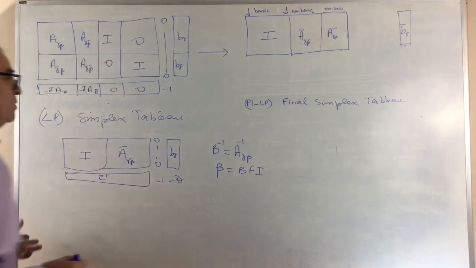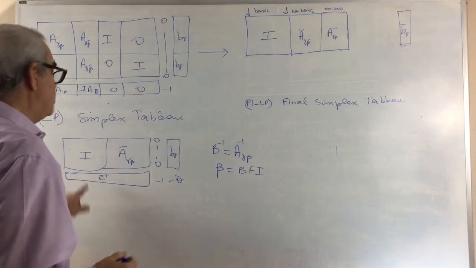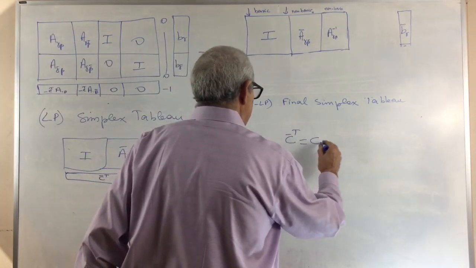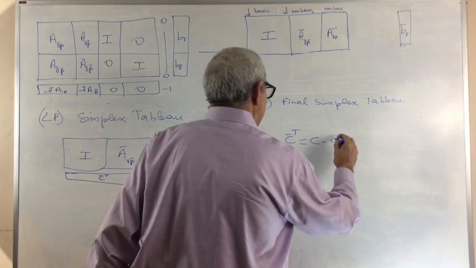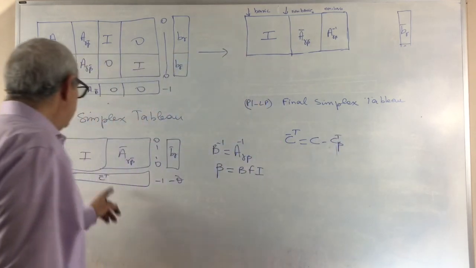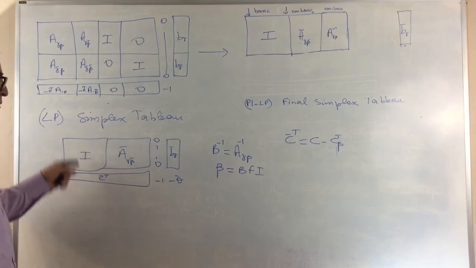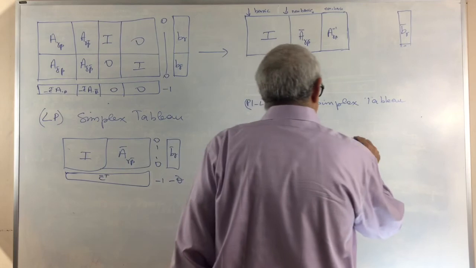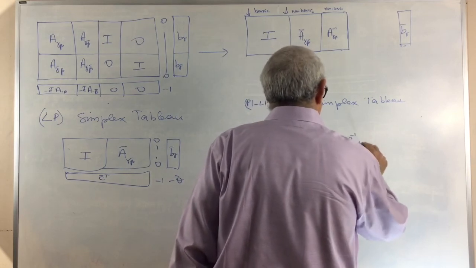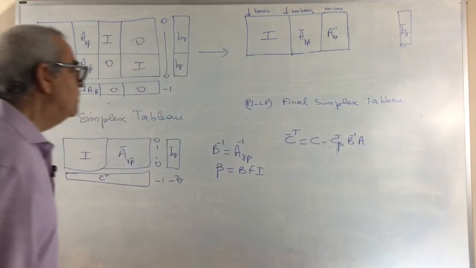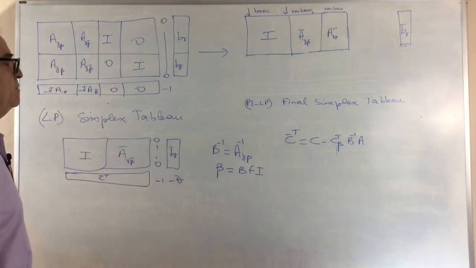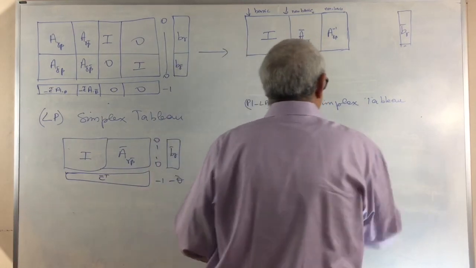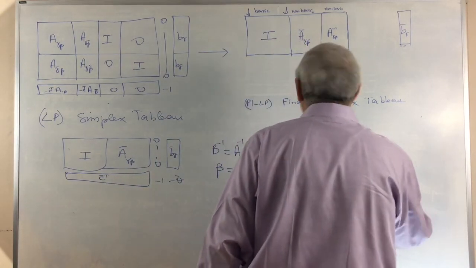Okay, and we use the regular formula, C bar, that's equal to C minus C beta transpose, right? We have to put a 0 under the I here, under the identity. So C bar is C minus C beta times B inverse of A. Okay. And here B inverse of A, my A is not the original matrix, right?